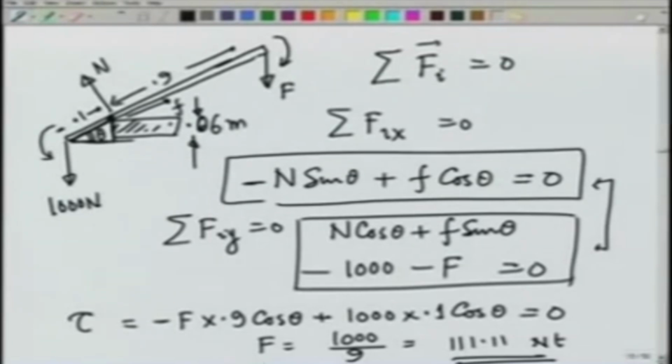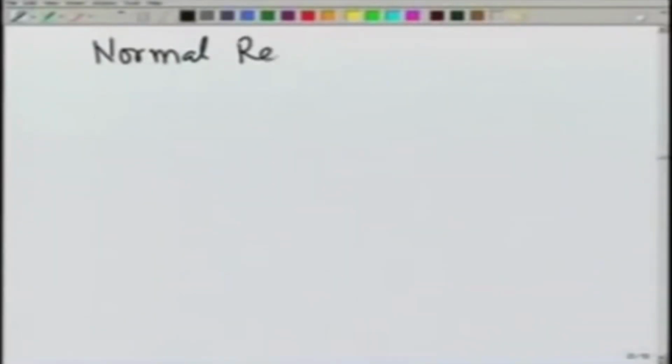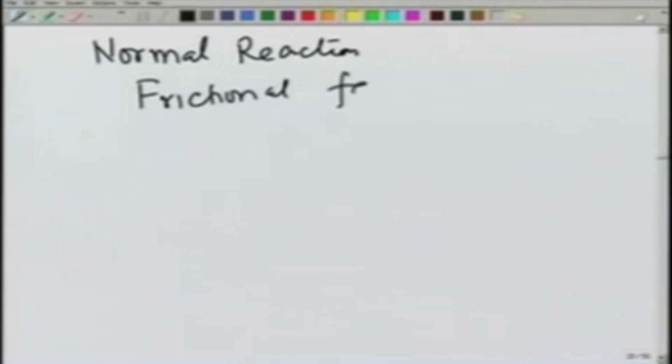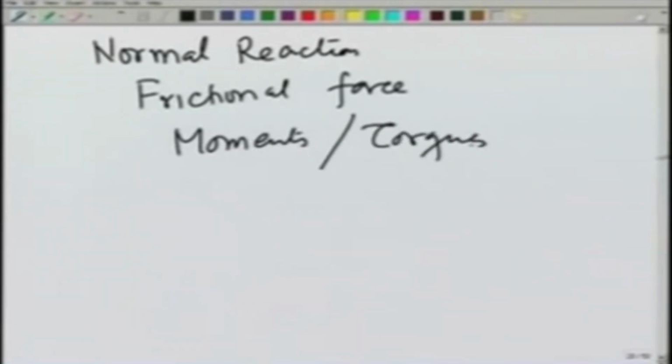So, in these two examples, you saw that I have used terms like normal reaction, frictional force, moments, torques, etc. So, now we will specialize and look at each of these things more carefully. For example, if I take a support, in which direction does it apply the normal reaction?